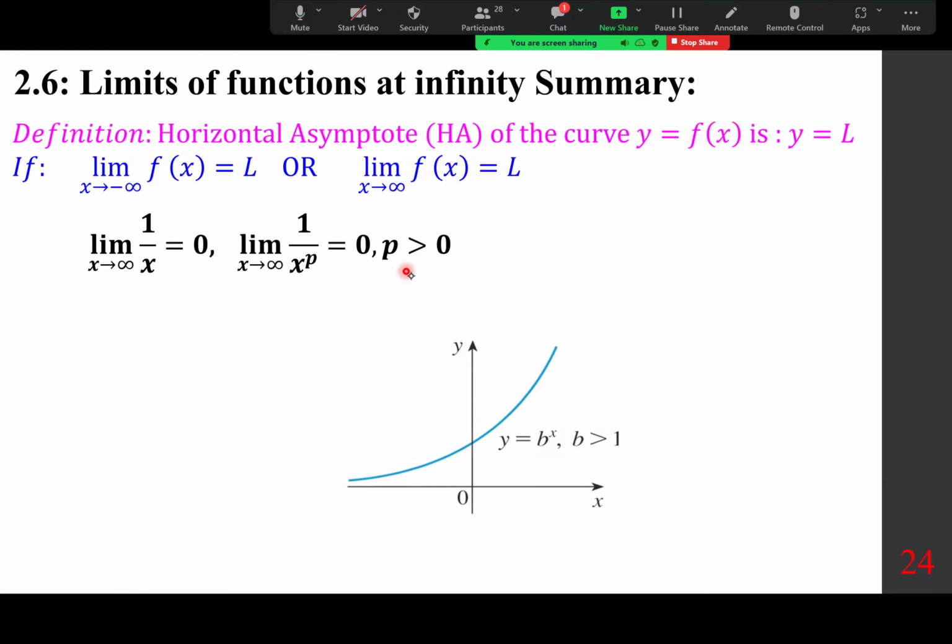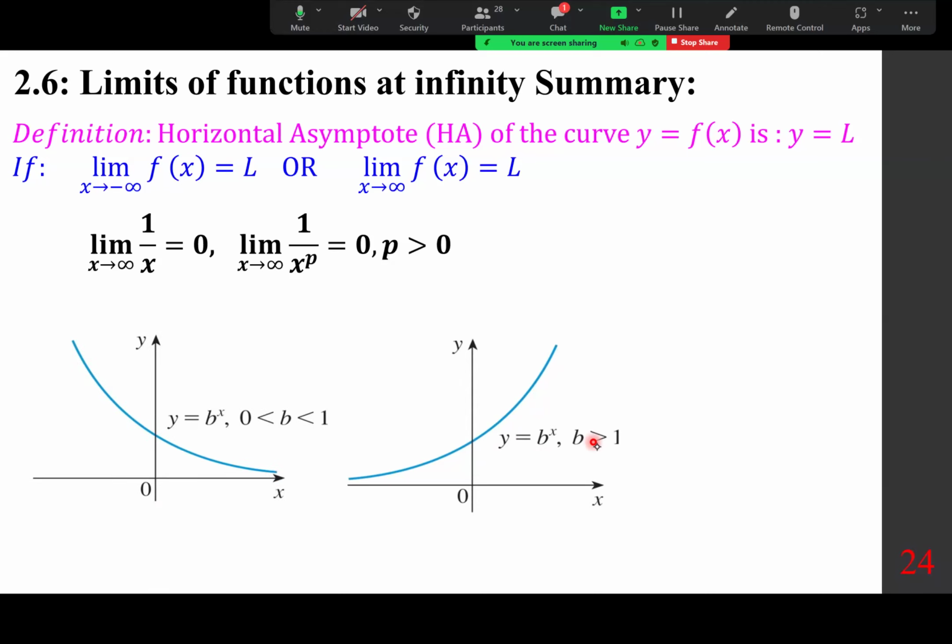For example, we remember the exponential growth, y equals b to the power of x, where b is larger than 1, or exponential decay when b is between 0 and 1. For example, e to the power of x is an exponential growth. The limit of e to the power of x as x approaches minus infinity is 0.